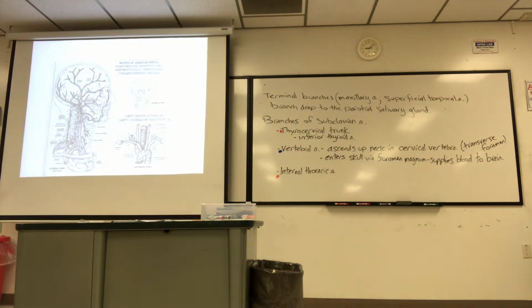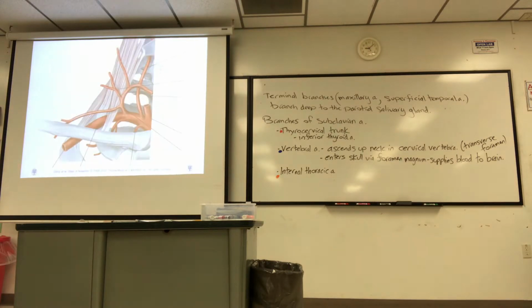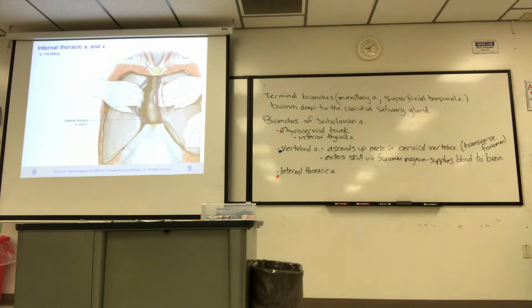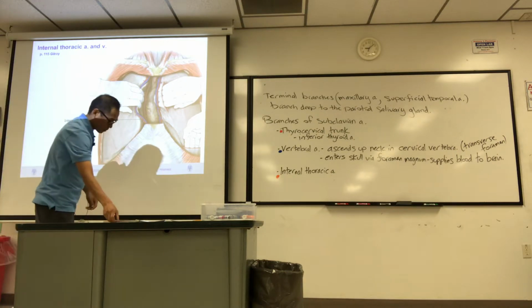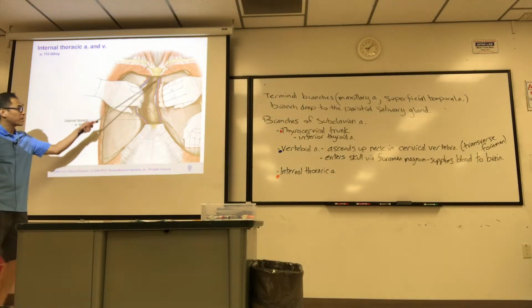So to go back to where I was in the PowerPoint slides. We looked at this picture. Here's another picture from the atlas, the internal thoracic artery. There's a red and a blue vessel. That's the artery and the vein.